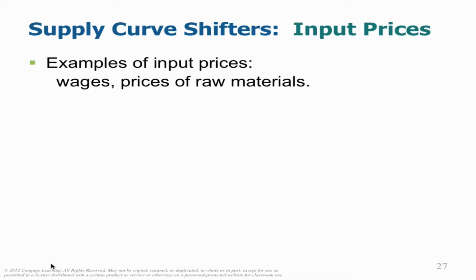Does anybody know what material blue jeans are made of? What is denim made of? Cotton. Cotton is what denim is woven of, and that's what makes your jeans. So if the price of cotton increases, that is a change in the price of inputs to blue jeans, and so supply will do what?